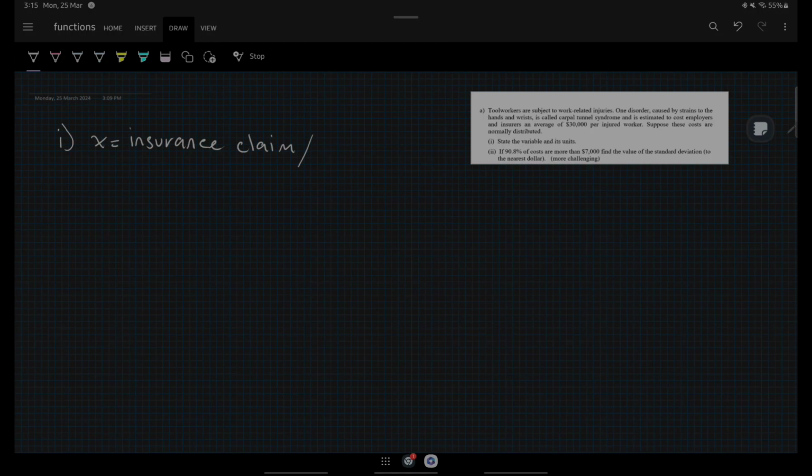Dollars per worker or per injured worker. In dollars per worker.